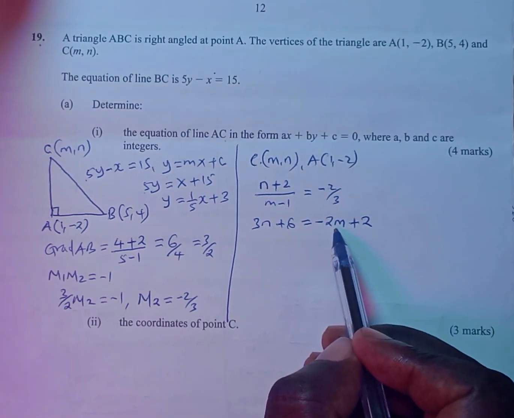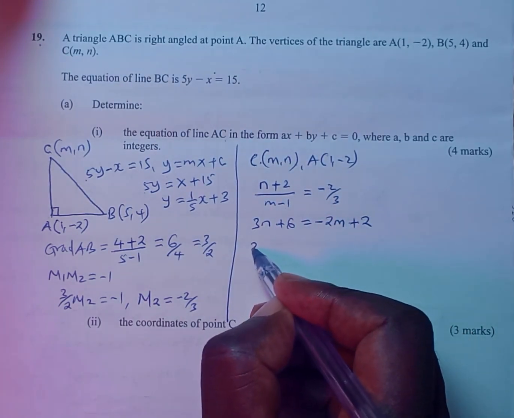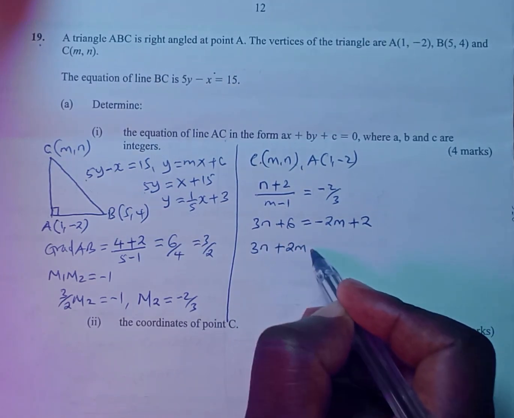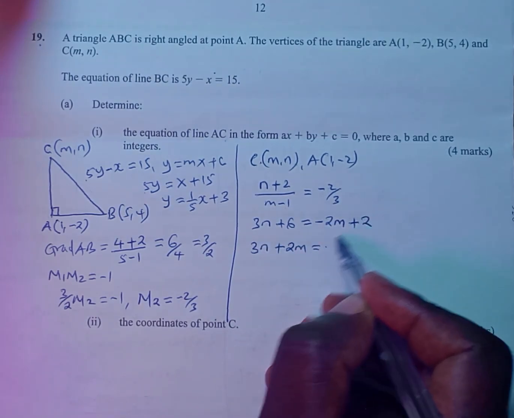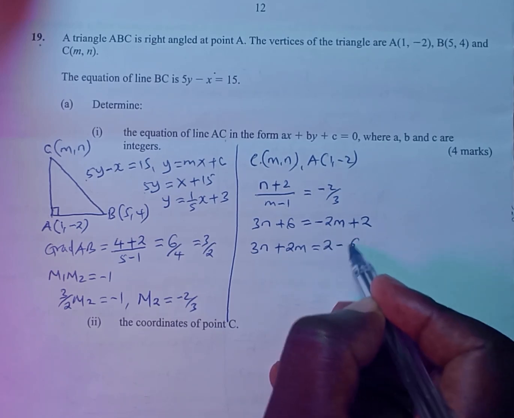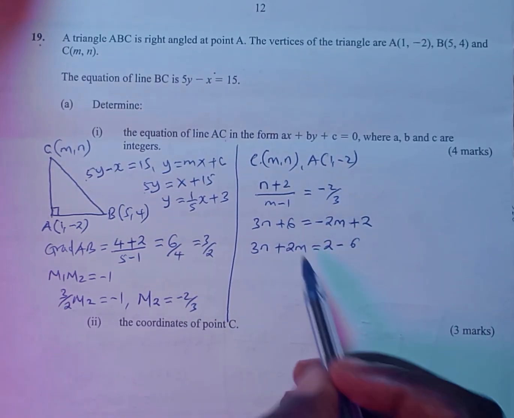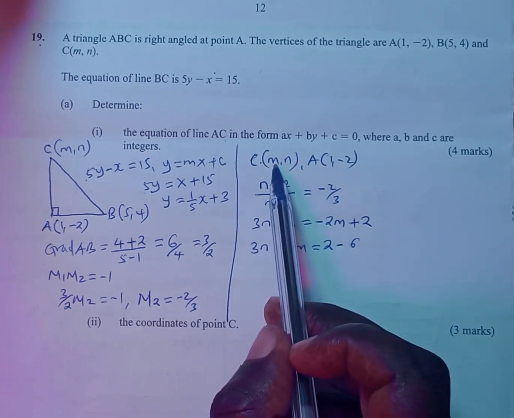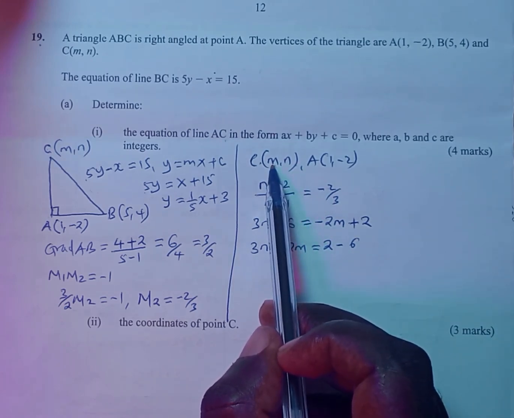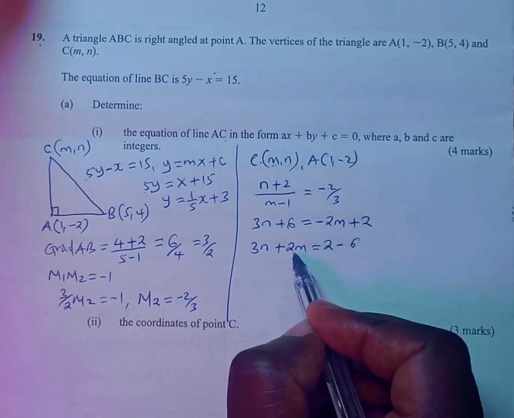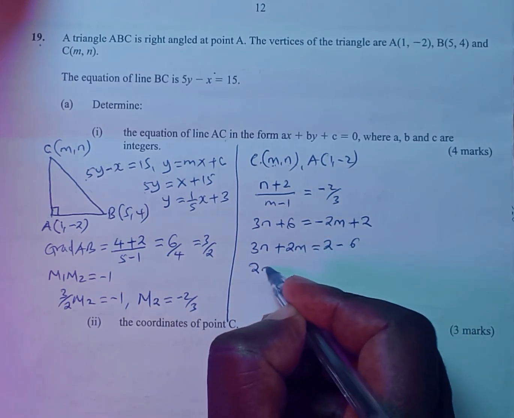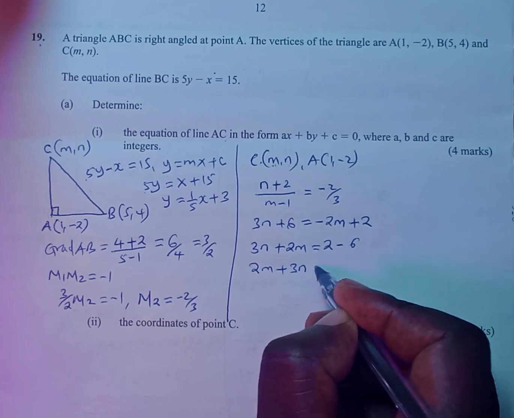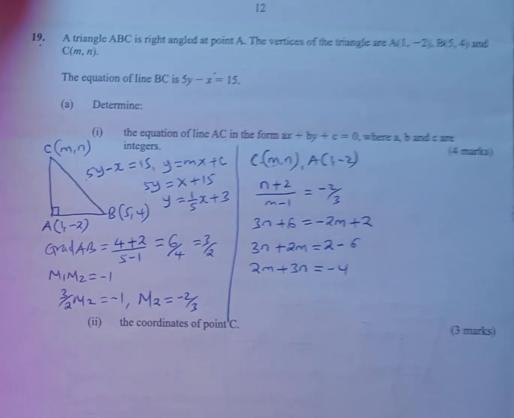From there we collect the like terms. We are going to have 3n plus 2m being equal to 2, then we minus 6, we move this to the other side. But remember, in terms of the coordinates given, m represents x and n represents y, and therefore we begin with m. We are going to have 2m plus 3n, then of course being equal to -4.